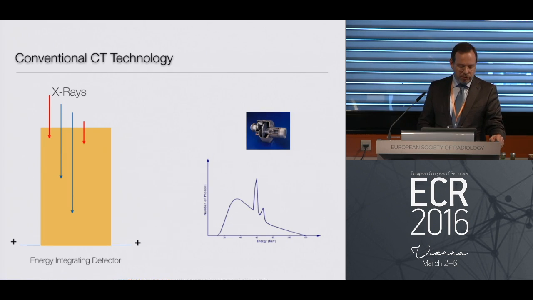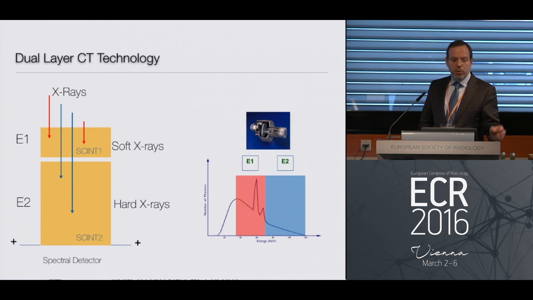In conventional CT, we have a detector. The X-ray photons come into the detector, and a light pulse is emitted as a function of the number of rays that hit a detector element, and what we get is a density value, a Hounsfield unit value. With this dual layer technology, this changes.